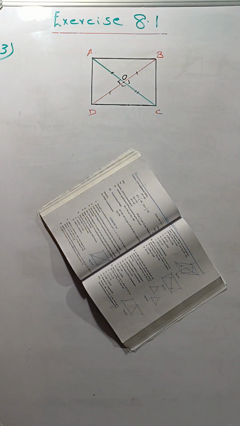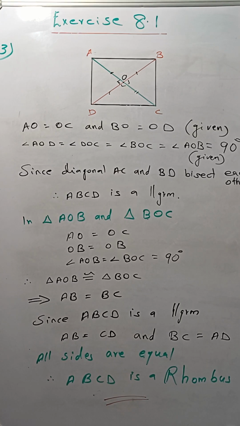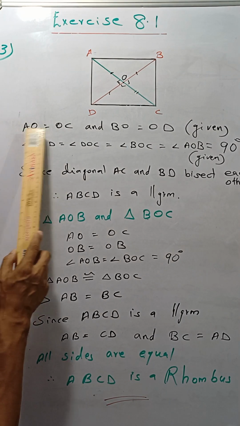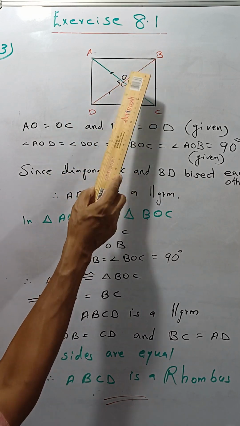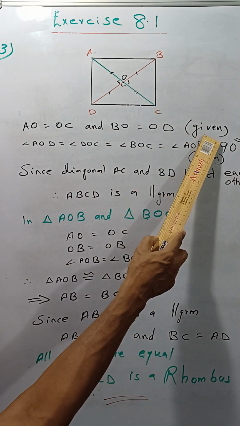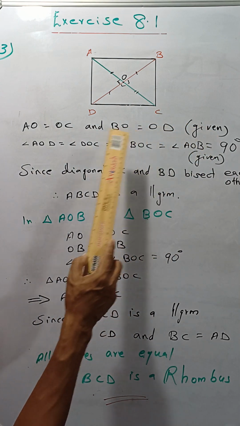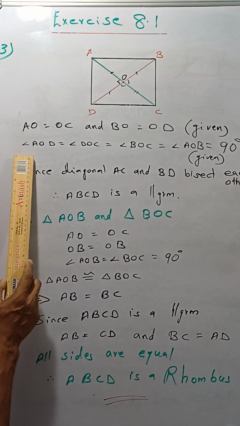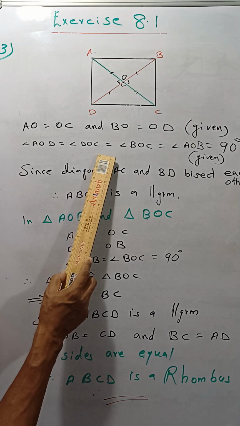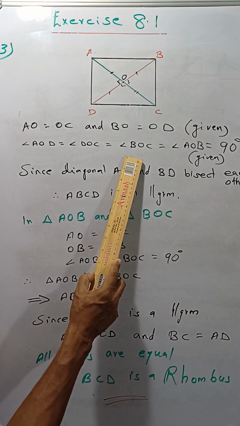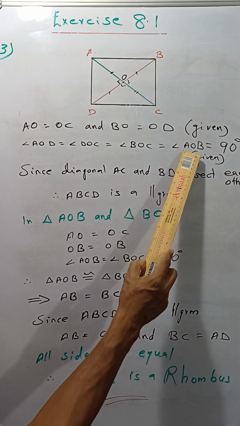The properties of rhombus I hope you have already learned. If all sides are equal, we can say this quadrilateral is a rhombus. AO is equal to OC and BO is equal to OD. That is given because diagonals bisect each other. And angle AOD is equal to angle DOC is equal to angle BOC is equal to angle AOB.